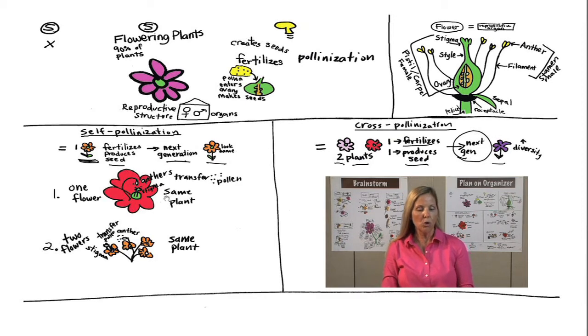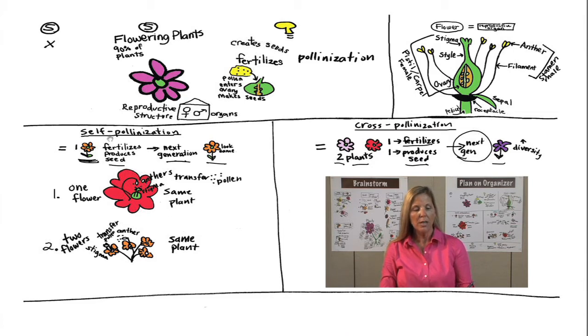So I drew a picture, making sure that I stick with pictures and simple icons. I labeled the different reproductive parts, and then I discussed how they transfer pollen and they create the same plant. Then I showed with 2 flowers how they are on the same plant, but they transfer the pollen between the flowers, but they still end up with the same plant.